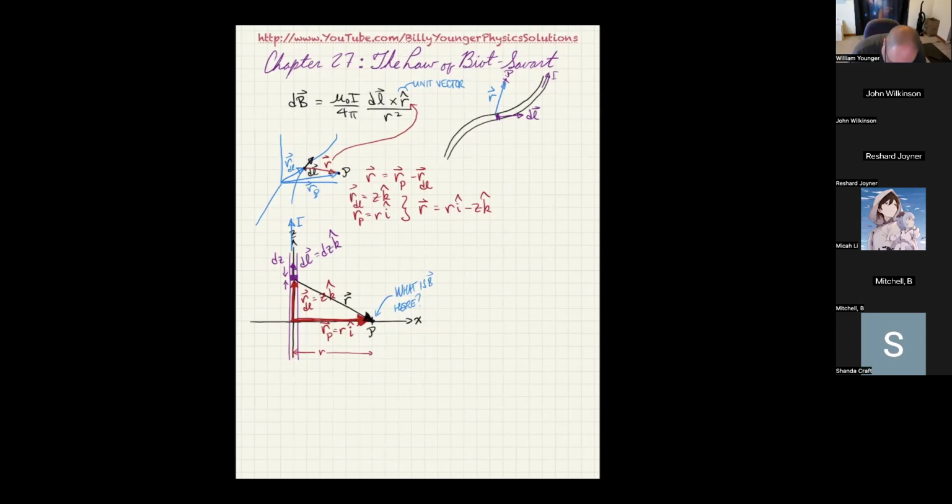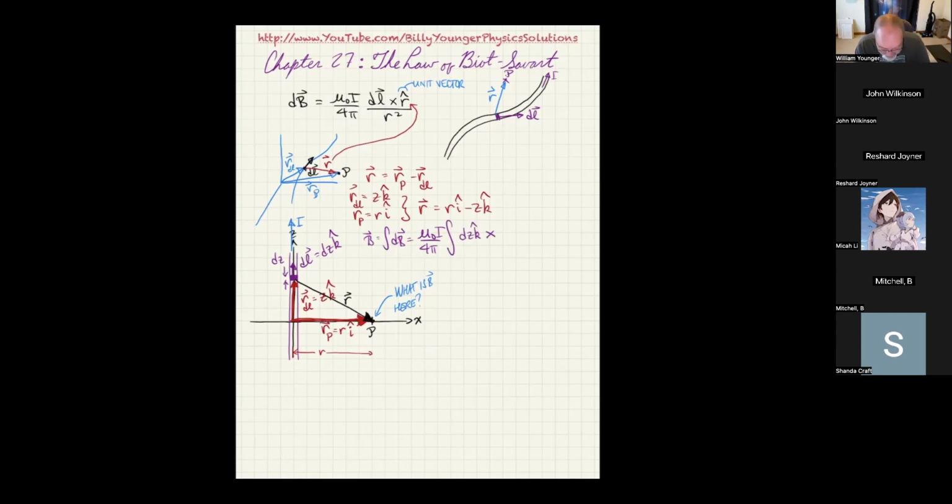So now I can say B is equal to the integral of dB, which equals mu 0 I over 4 pi times the integral of dl, where our dl vector is dz k hat, crossed with r.